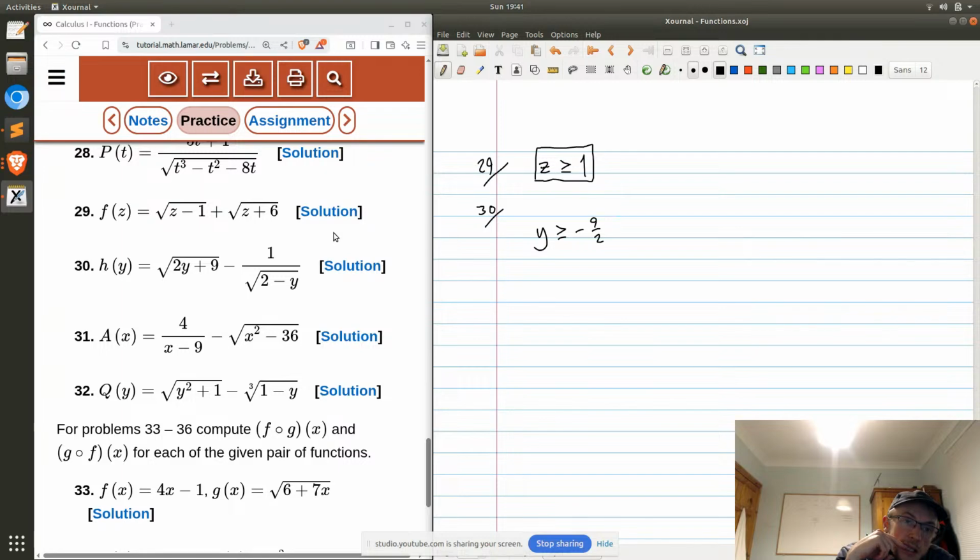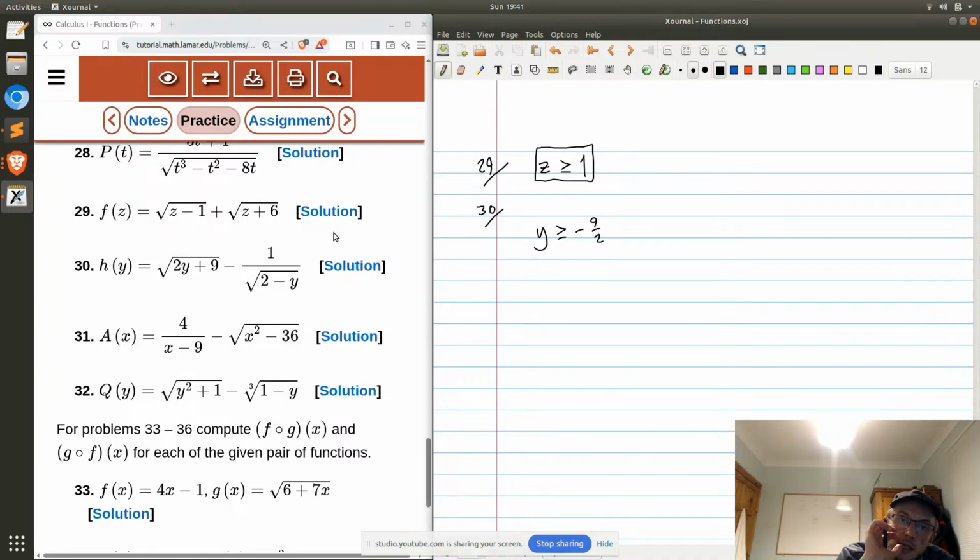In the denominator, we see that y has to be less than 2.